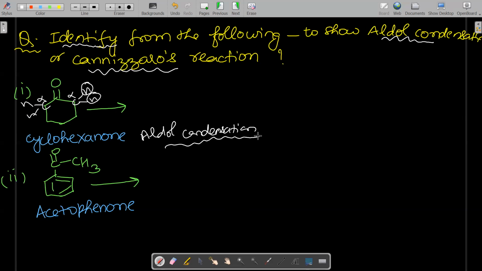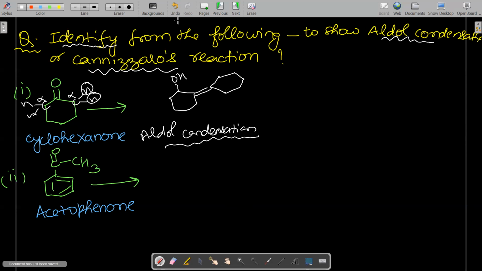And then you can write the reaction. How can you write the reaction? Already we have discussed the concept. Still, you can write this OH and double bond. The final product which we are getting is this.